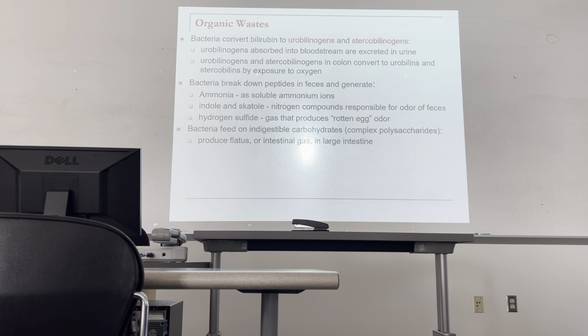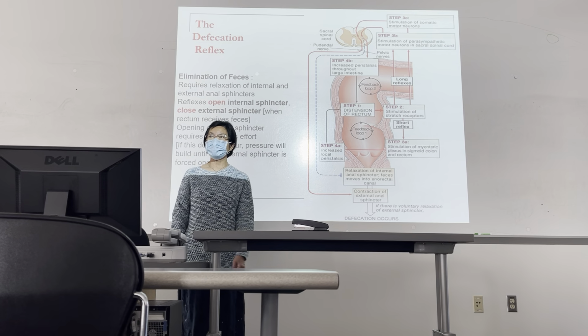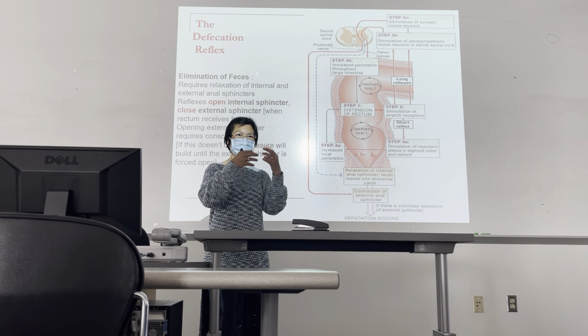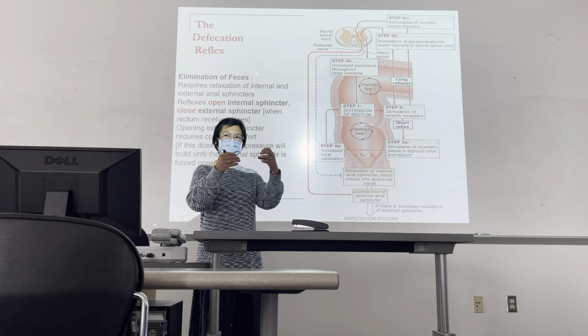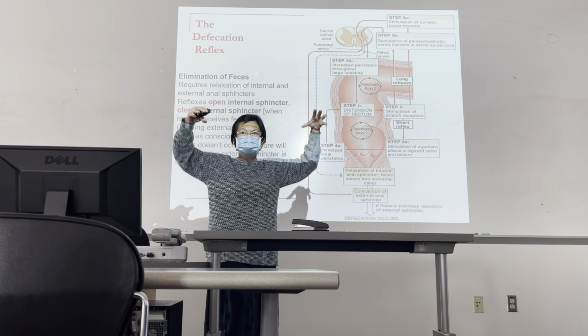So to poop is called defecation, which is a reflex. Remember, as the food is being pushed, right, you're absorbing, not food, the feces is being pushed, you're absorbing water, now it's solidified, and that's why it has to be mass peristalsis.